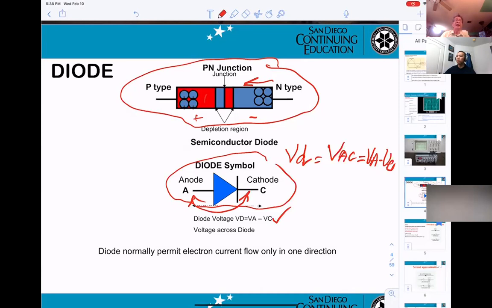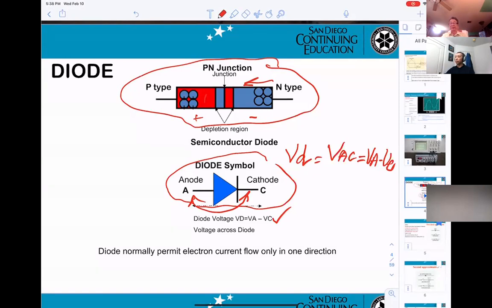Diode normally permits the electron current flowing in only one direction. That means the current will only be flowing from A to C. It cannot flow from C to A. That's only one direction.